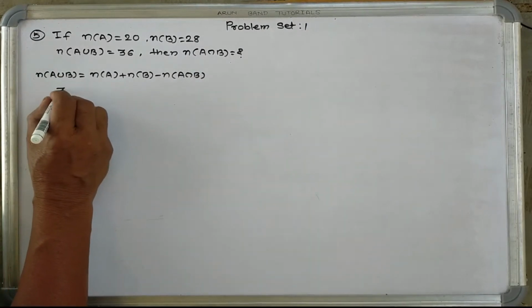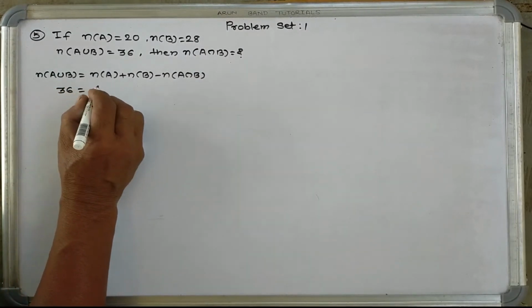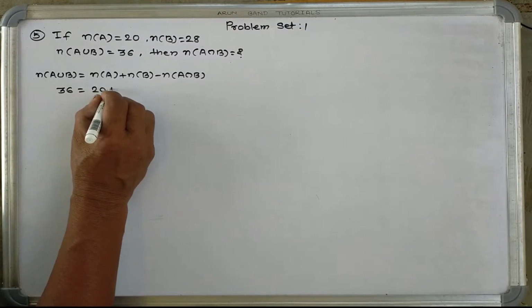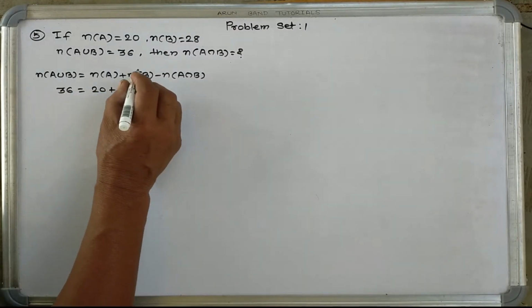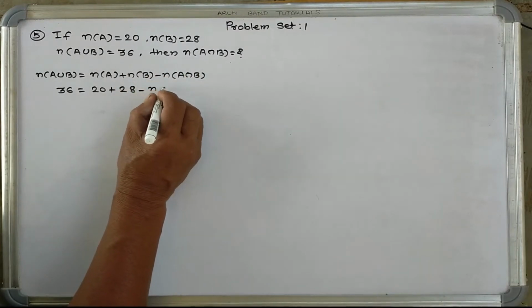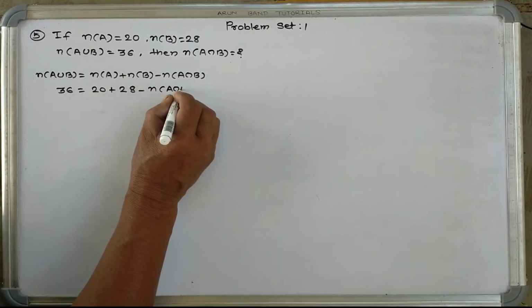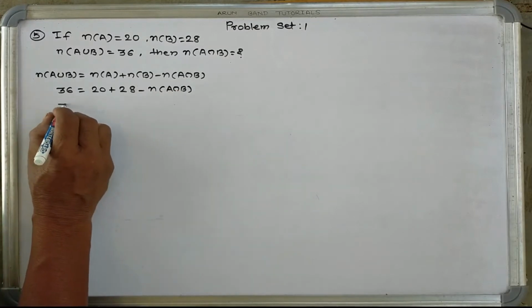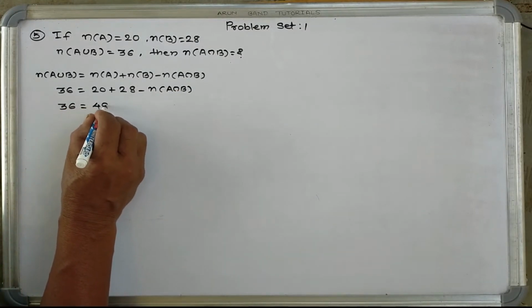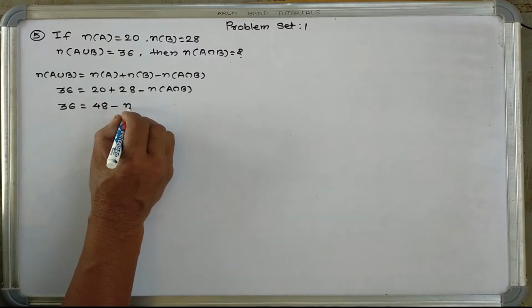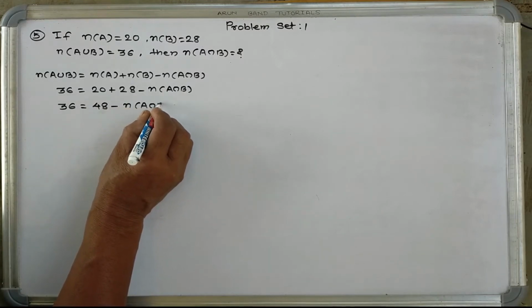Here we have 36 equal to n of A 20 plus n of B 28 minus n of A intersection B.